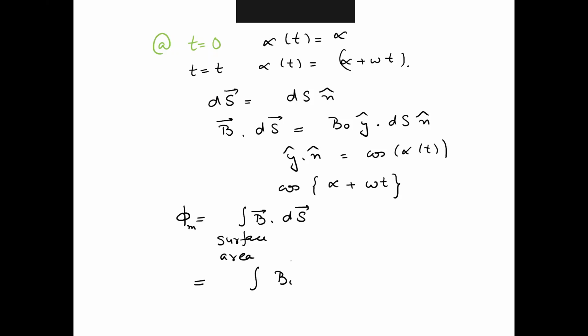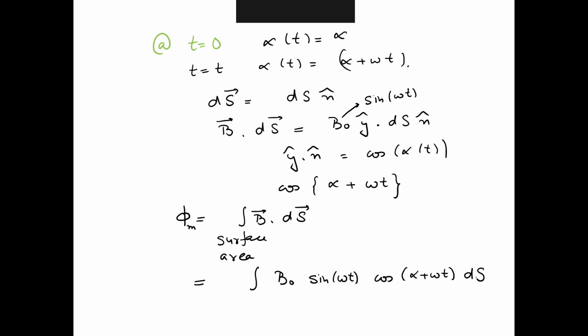B dot ds we have already calculated. Sorry, B is also changing with time, so I should call it B naught sine of omega t. So B is B naught sine of omega t, times cos of alpha plus omega t, ds.